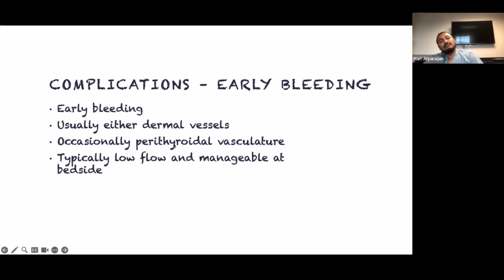But in general, most of the bleeding that you'll see will be low flow venous bleeding and can usually be managed at the bedside. Most of us will come and manage this with some surgical flow with thrombin, and occasionally, particularly if you've got a dermal bleeder, we'll put a tie in it just to tie the vessel off.